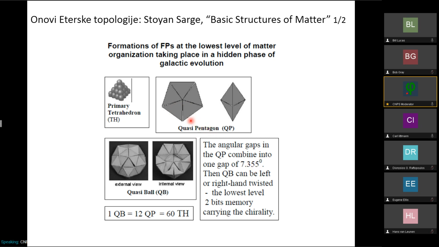Now, how is this related to Hans's original question about where the toroids come from? Just two sentences more. Such structures, being pushed to each other in this place, create more complex structures like dodecahedrons or whatever.